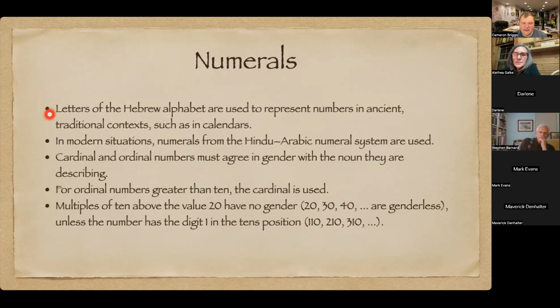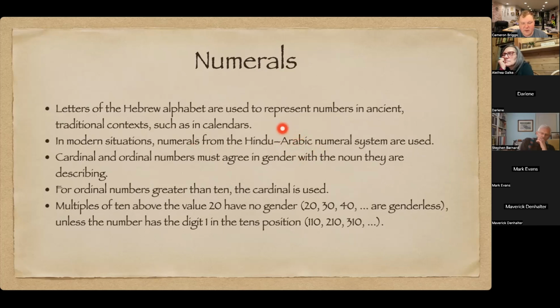The letters of the Hebrew alphabet are used to represent numbers in ancient traditional contexts. This is the same that we reviewed a couple weeks back. In modern situations, the Hebrew-speaking world has adopted the Arabic numeral system that we use today, as 1, 2, and 3.